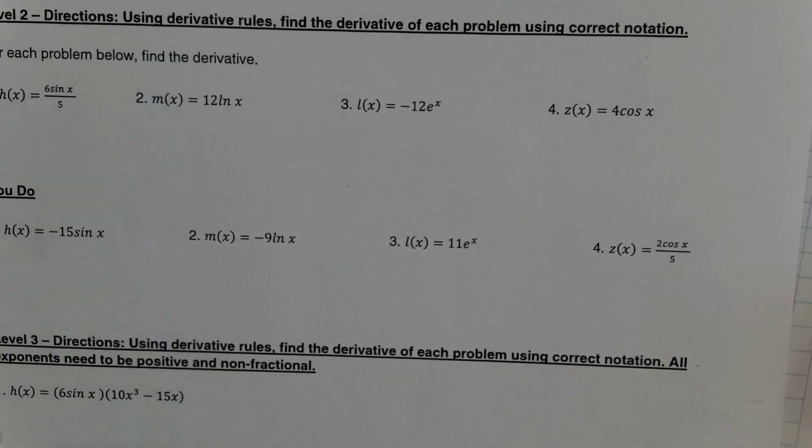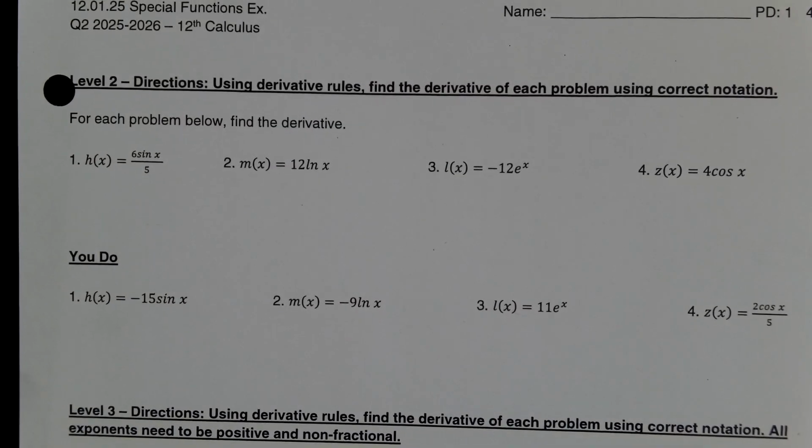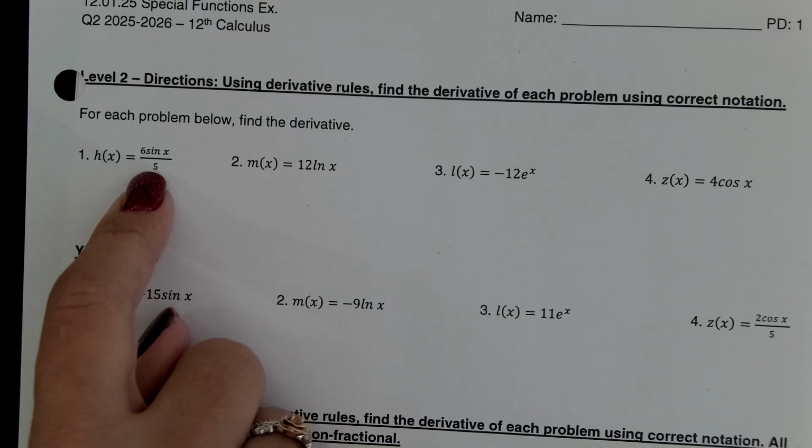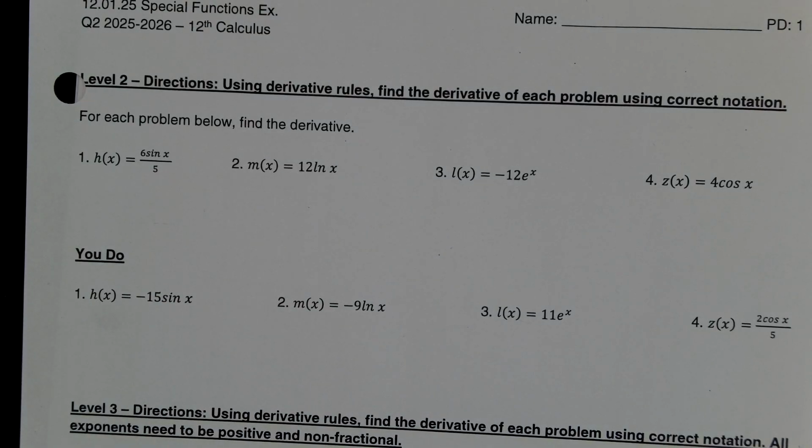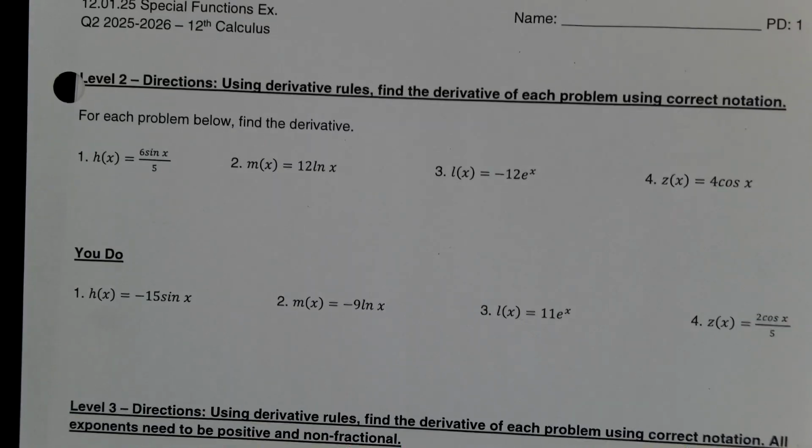Alright, so let's look at the examples. You should have picked this up on your way in. Let's look at number 1. You want to see where your function starts. For these exponential, log, and trig functions, you want to see where they start, not where they end. Because a lot of you are going to mix up the sine and cosine.